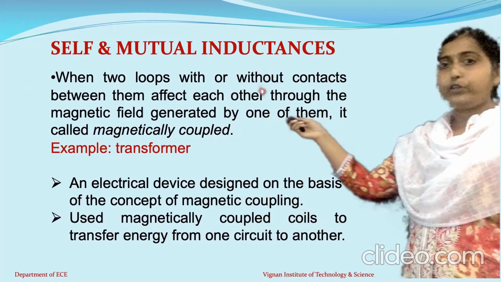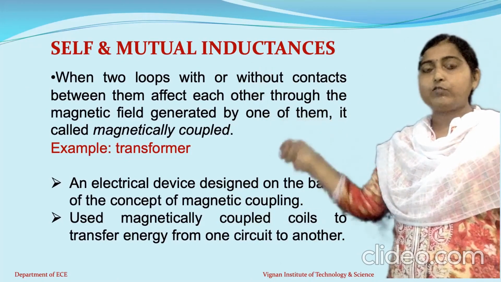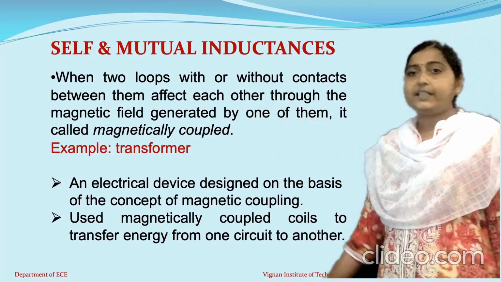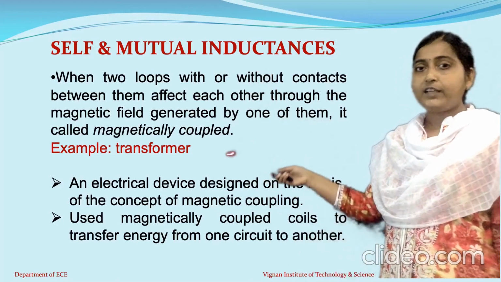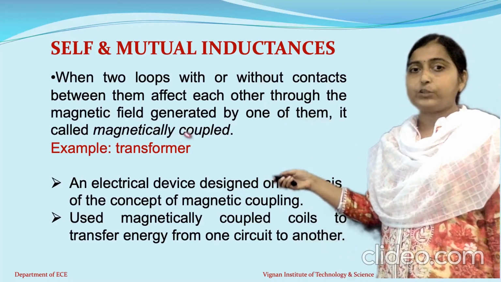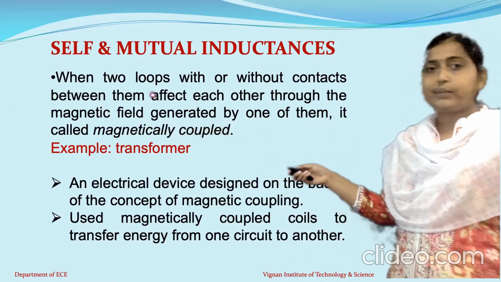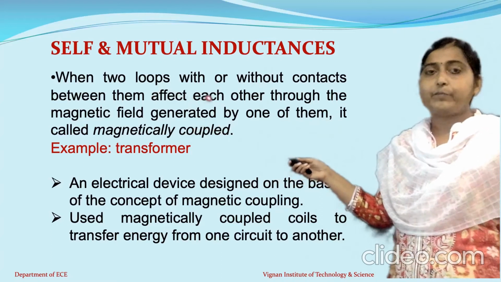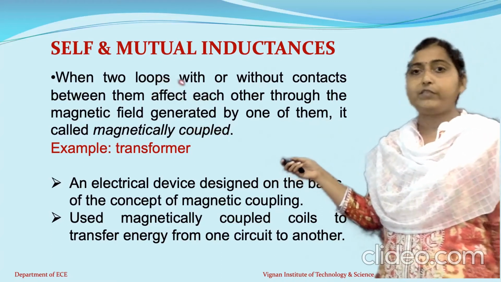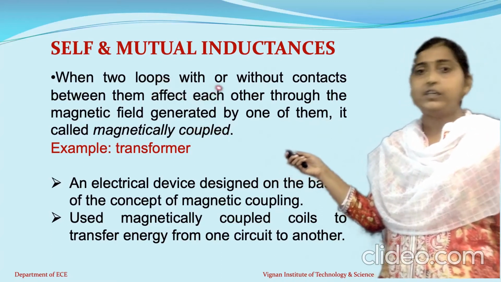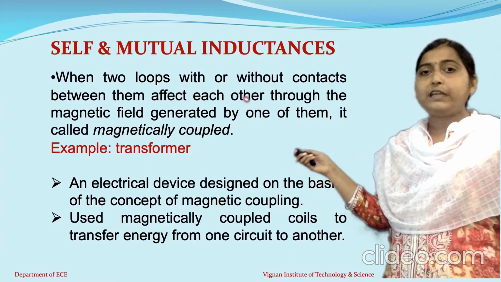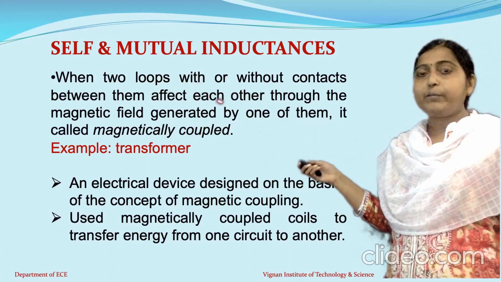Before we see what self-inductance and mutual inductance are, let us first understand what magnetically coupled circuits are. For example, when two loops are there, we know what a loop is and how we define a loop, we have already discussed. So, two loops with or without contact between them affect each other.